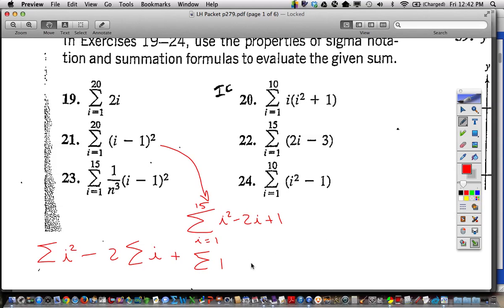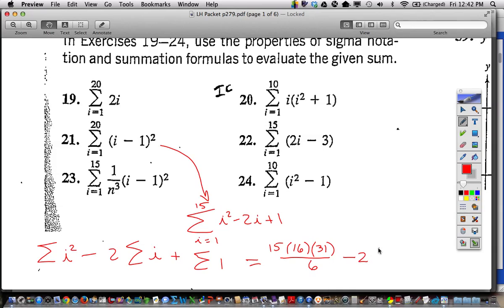Now, according to those formulas on page 357 that we were just showing, sigma i squared is n, which is 15 in this problem, times n plus 1, times 2n plus 1, all over 6. So that's that first sigma.